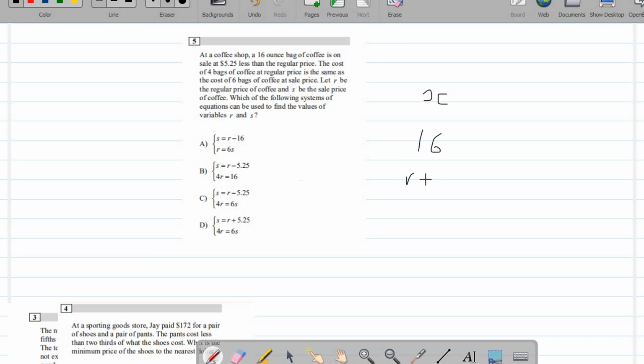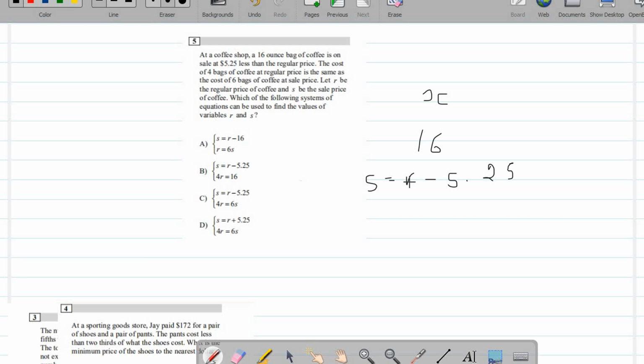So it's 5.25 less than the regular price. That's the sale price, the price they're selling to you, 5.25 less than the regular price. The cost of 4 bags of coffee at regular price is the same as the cost of 6 bags of coffee at the sale price.